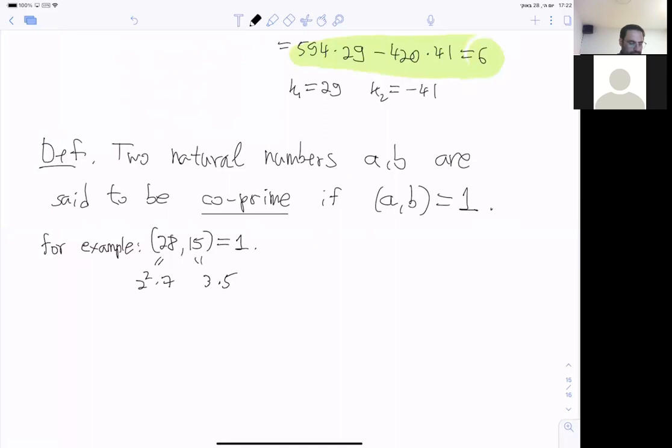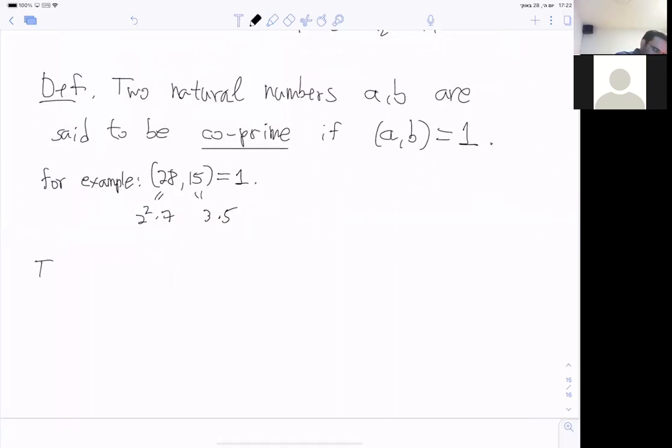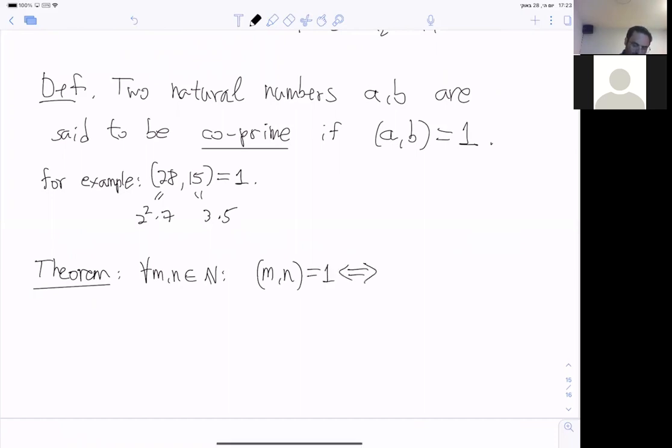So the theorem says that we have seen in Euclid that if you have two natural numbers with GCD D, then you can produce an integral combination that gives you D. Now the theorem says that if they are coprime, then it's also in the other direction.